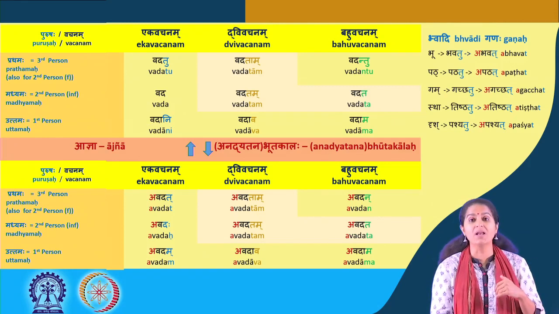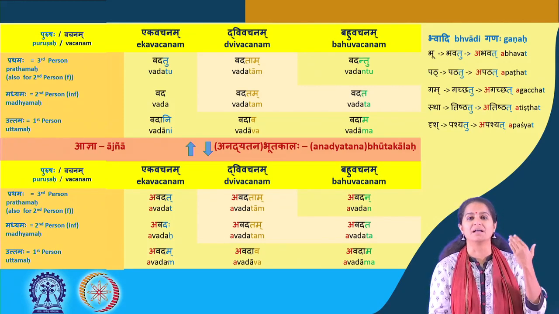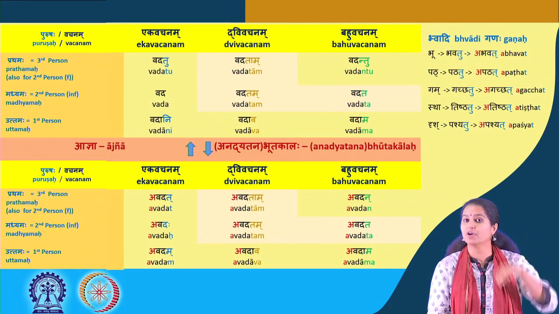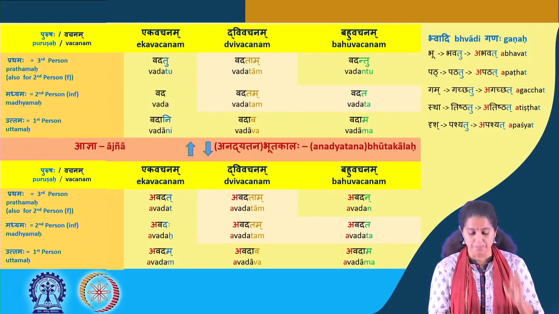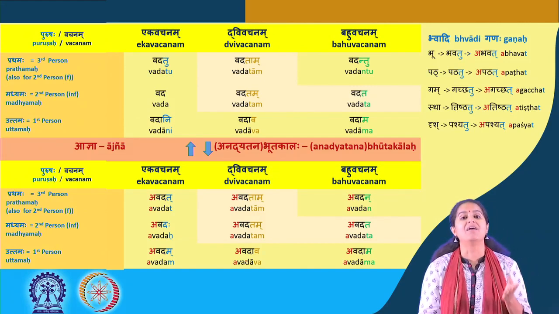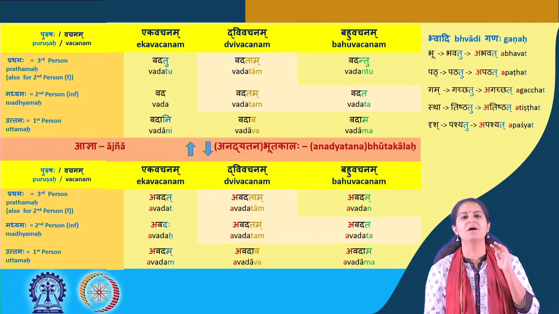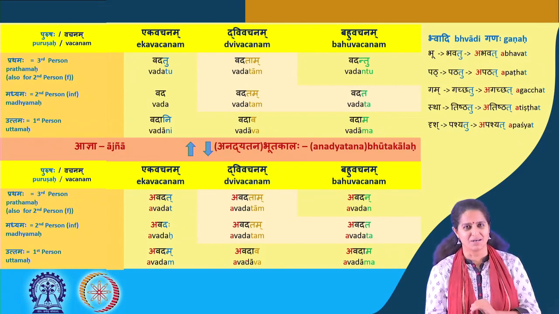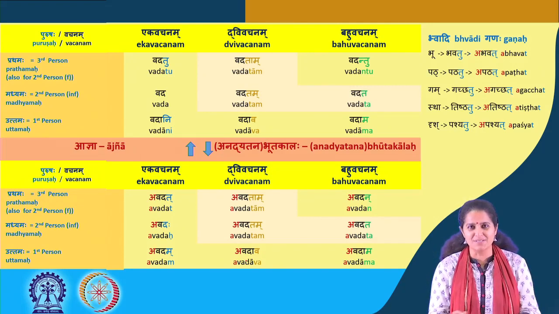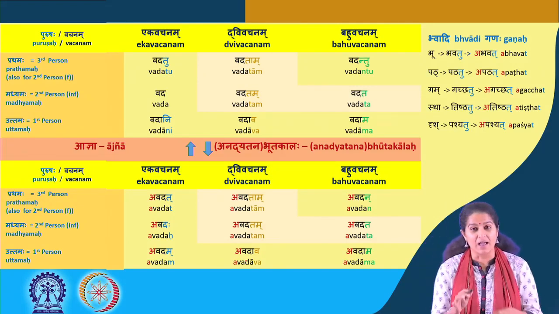Uttamam. Moving on, aham avadam. You can also remember it with the gacchami or vadami, and the i drops off, you retain the consonant ma. So aham avadam, avam avadava, and vayam avadama. Uttamam. So I hope this is clear, and that you've been able to recognize the similarity.